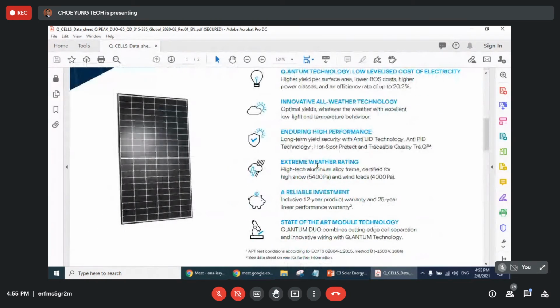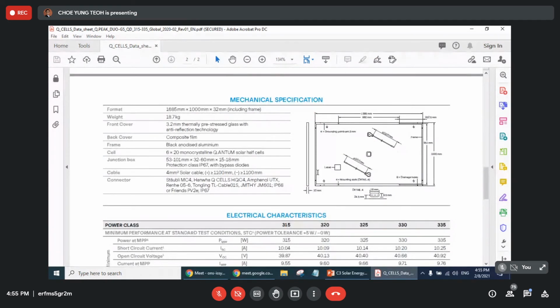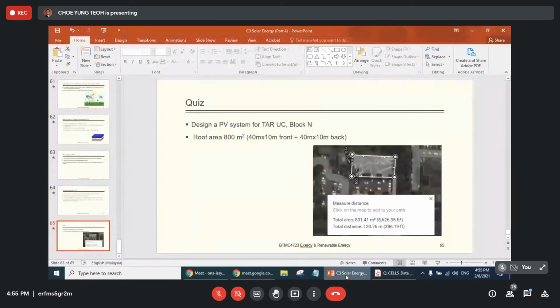I think you can see my screen now. The size is 1685 times 1000. The thickness we don't care. So 1.685 times 1.